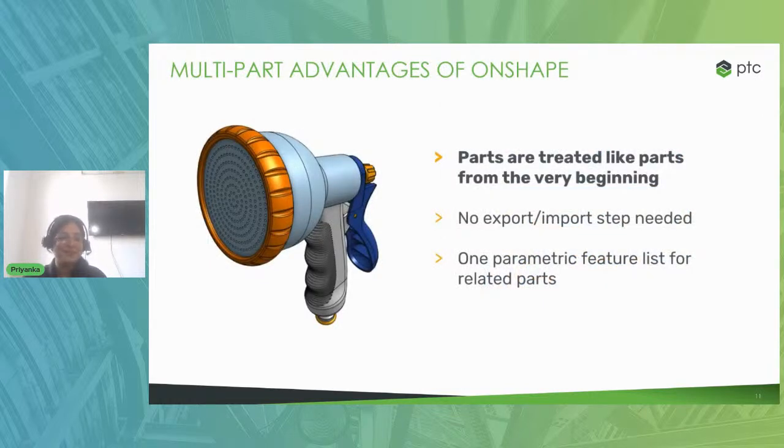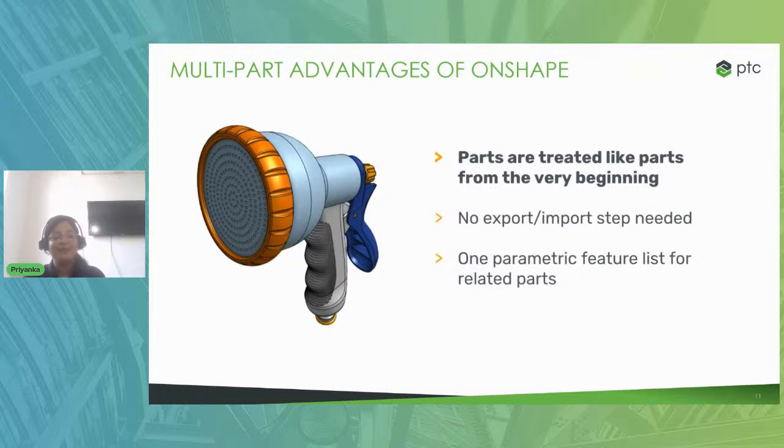The last thing I would like to talk about is the advantage of Onshape. So from the beginning, what I have explained is that you are working on real parts. In any traditional file-based systems, you were working on the bodies.